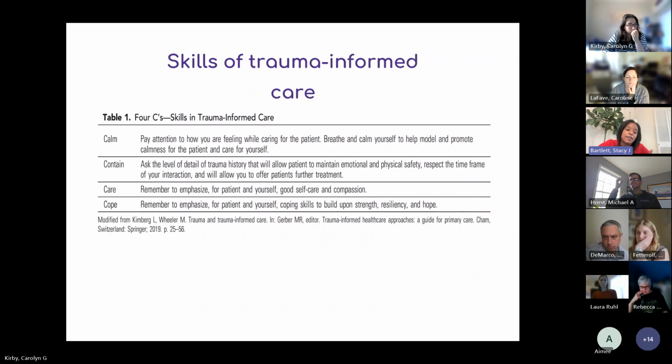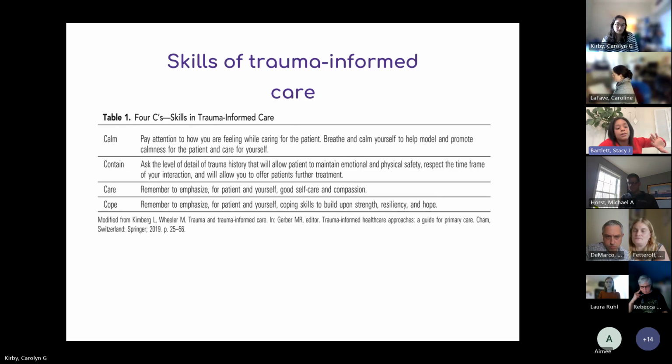If you know you only have 5 minutes to talk to this patient, probably not the time to have that discussion about their experience with trauma. Being able to keep those things in mind will let you then say, okay, this is what I think could be a good place for you, in terms of the next step for us to move forward in the care for this history of trauma.